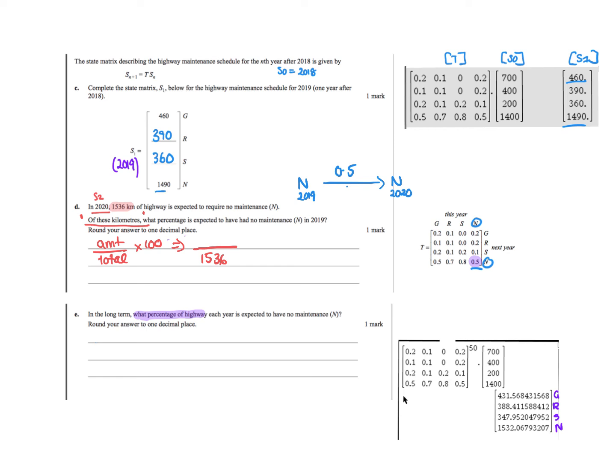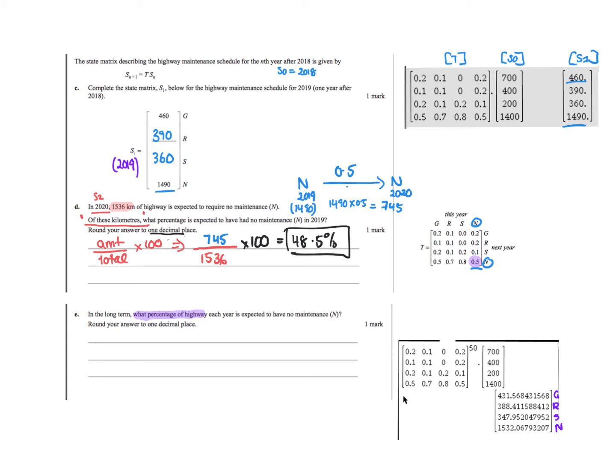Now we can look up, we had 1490 of them. So if you do 1490 times 0.5, we'll end up with 745. So of the no maintenance in 2019, 745 of them were still no maintenance. And now we've got that, we're going to times 100, and we'll get a percentage. And we'll be careful, it says to 1 decimal place, so that would end up being 48.5%. So this is the answer.